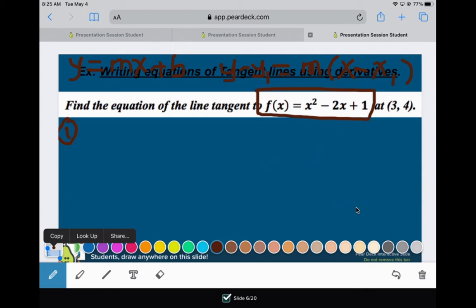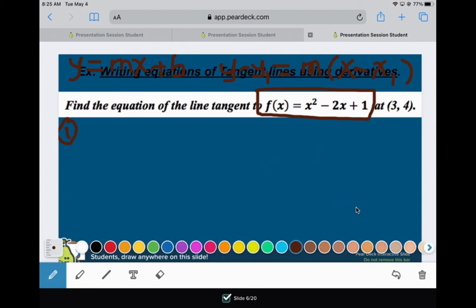Remember, we spent a lot of time in freshman year and even junior year doing that. So step number 1, I'm going to take the derivative. So f prime is going to give me 2x minus 2.